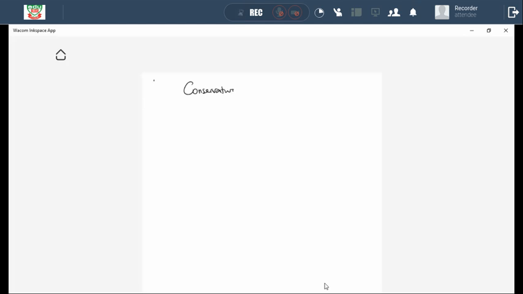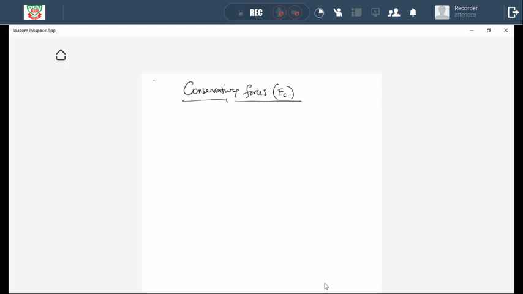So conservative forces. In bracket, you can write FC, that is the conservative force.